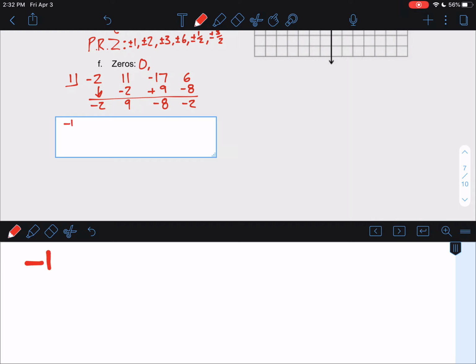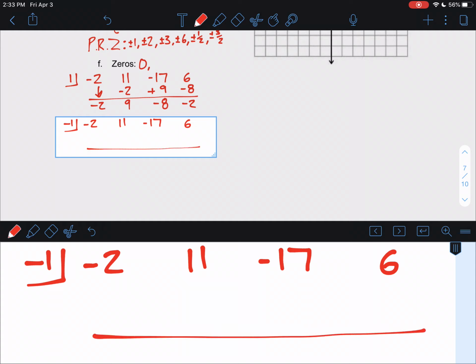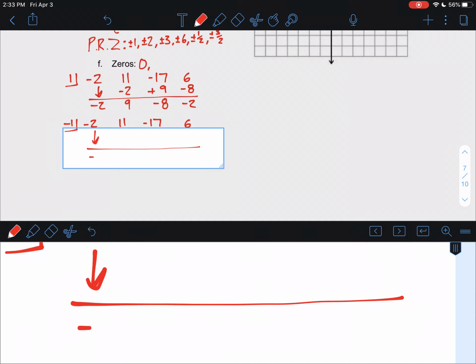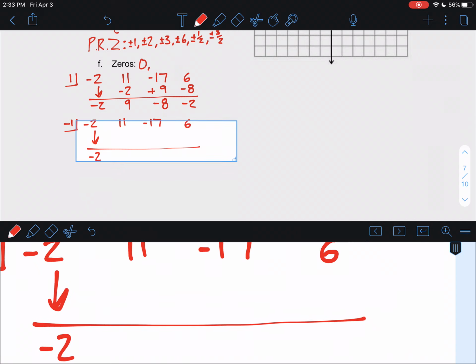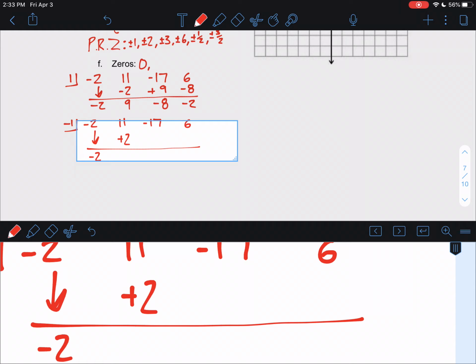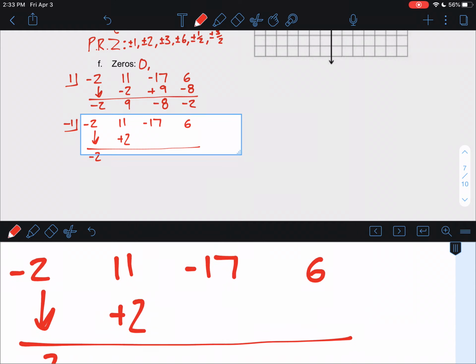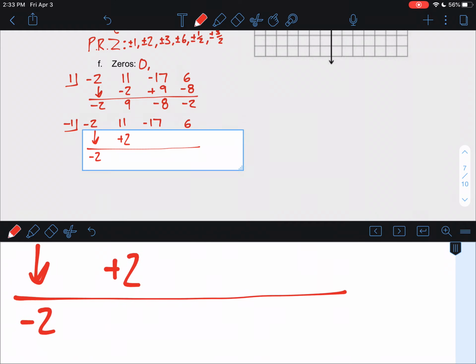Next number I'll test is negative 1. So I got negative 2, 11, negative 17, 6. Bring down the negative 2. So negative 1 times negative 2 is positive 2. 11 plus 2 is 13.